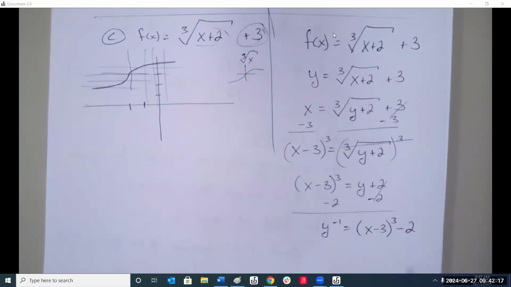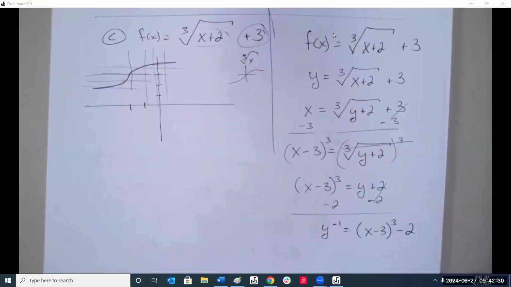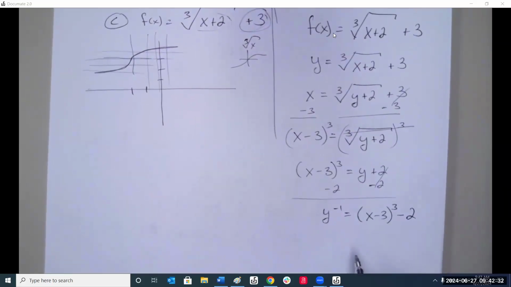So what would that graph look like? Well, what's the basic function? X cubed. And the x cubed looks like that. So you have to know what the basic function looks like first. The shifting is no problem, but what are you shifting?